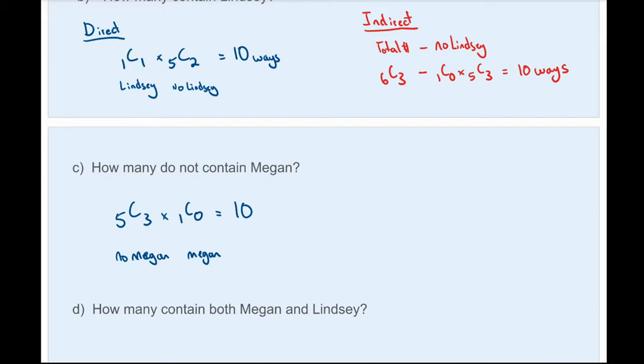Or again, you could do the indirect way, 6, choose 3 for total number of ways, minus including Megan. So here we have 5, choose 2 times 1, choose 1, which again works out to 10 ways. So again, 2 different ways you can look at it, whether it's direct or indirect.